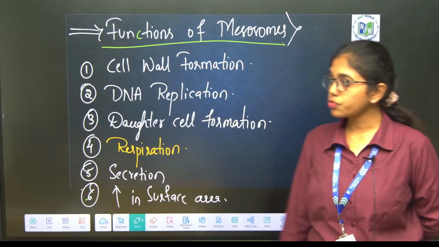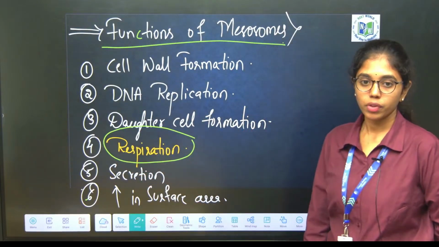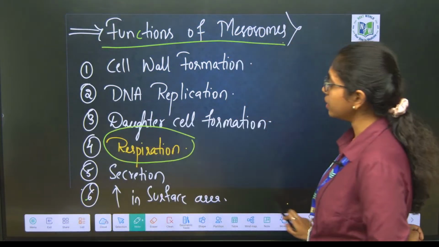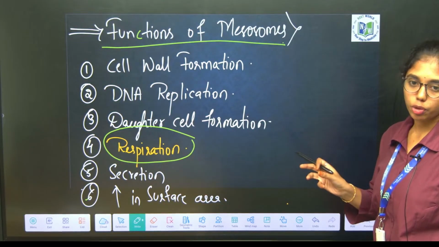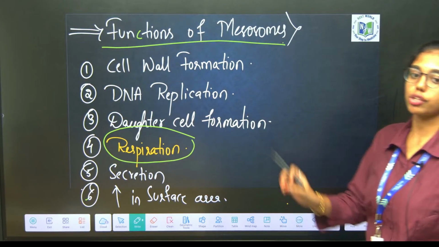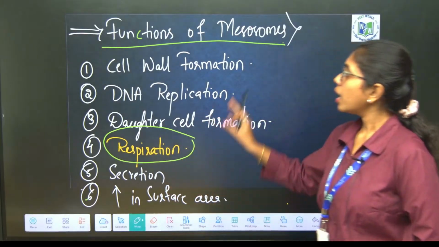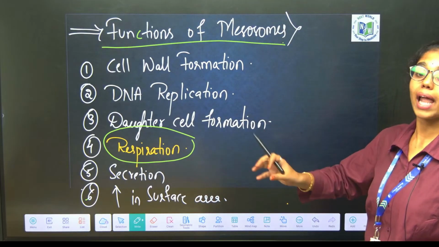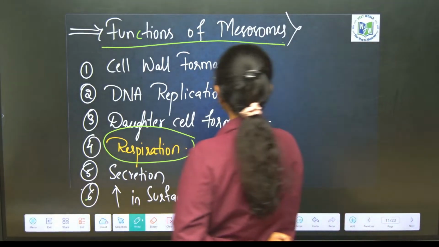Amongst all these functions, the most prominent function is respiration. How is the respiratory function most prominent? They release respiratory enzymes into the cytoplasm, which help in oxidation of macromolecules inside the prokaryotic cell, because of which the mesosomes of a prokaryotic cell are said to be equivalent to mitochondria of the eukaryotic cell.